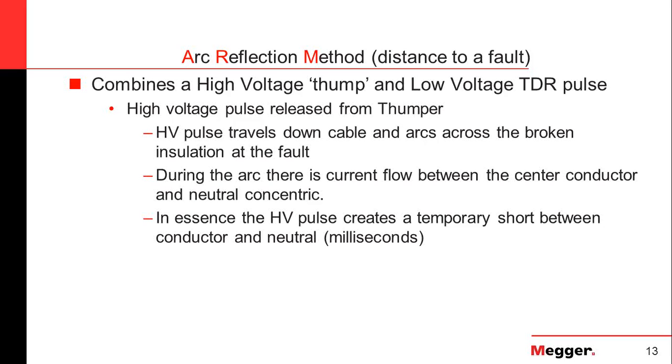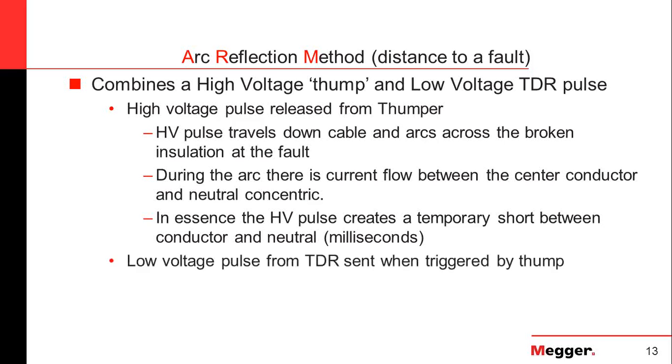So right there at the fault, we've used high voltage to create an arc. And during the arc, there's current flow between the center conductor and neutral concentric. In essence, this high voltage pulse is creating a temporary short between the two conductors. It's just for a millisecond, but for just a little while, we have an electrical short.